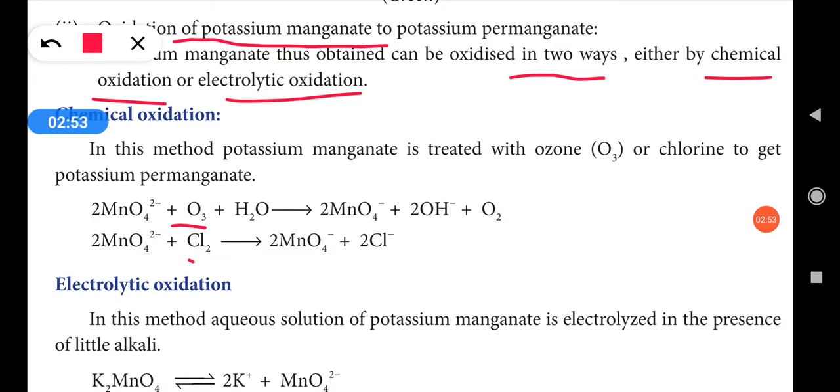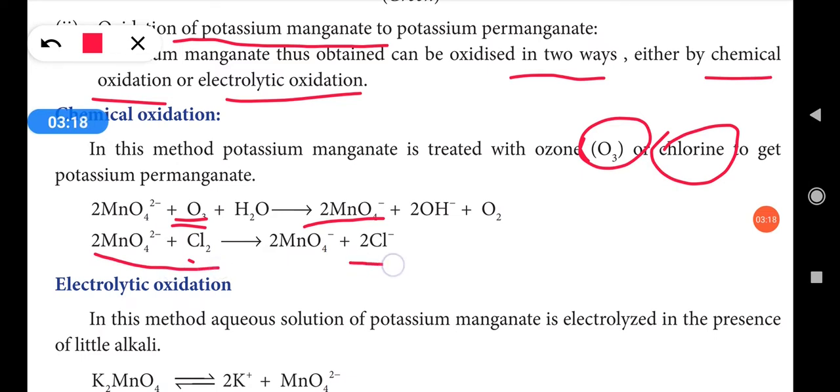In this method, potassium manganate is treated with ozone or chlorine, which act as oxidizing agents to oxidize potassium manganate to potassium permanganate. When we use ozone, O3, we get potassium permanganate like this. When we use chlorine, potassium permanganate will be formed this way.